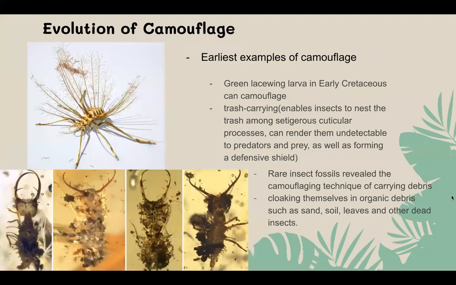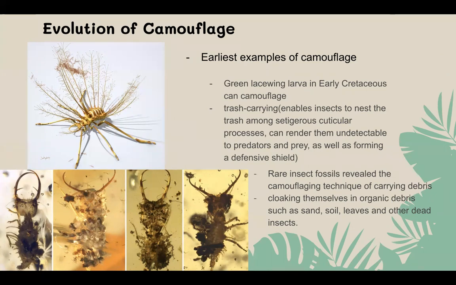Next example I want to show you guys is about insects. From one paper named Early Evolution and the Ecology of Camouflage, it reveals one behavior for some insects known as trash carrying. It enables insects to nest their trash among stratigerous cuticular processes.